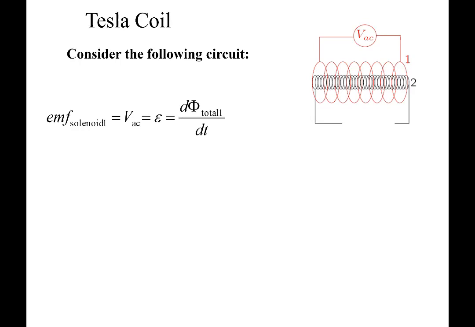That is going to allow us to relate to the time-changing flux, the rate at which the magnetic flux is changing in time in coil 1. Here I have N total, which is basically the number of turns of coil 1 times the rate of change of magnetic flux through one turn of coil 1.